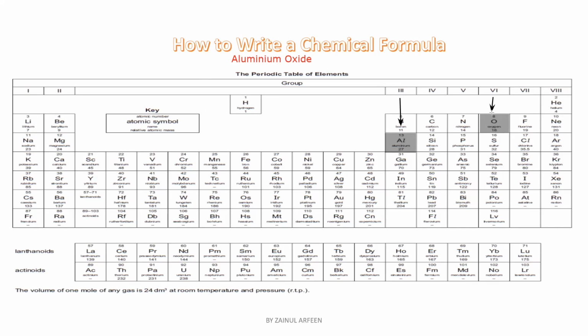What will be the chemical formula for aluminium oxide? You can use the chat to state the answer. The valencies are there. Group 1 is plus 1, group 2 is plus 2. Yes, Abdullah, that's right.